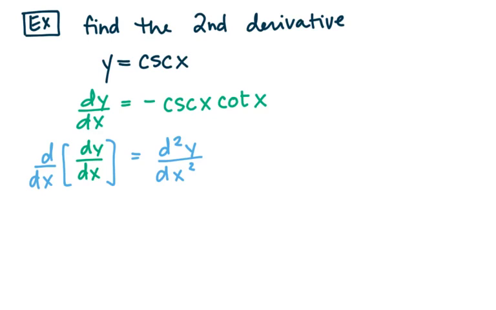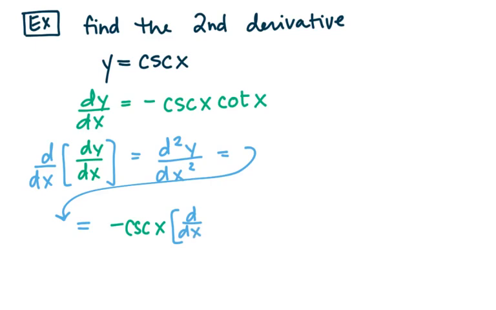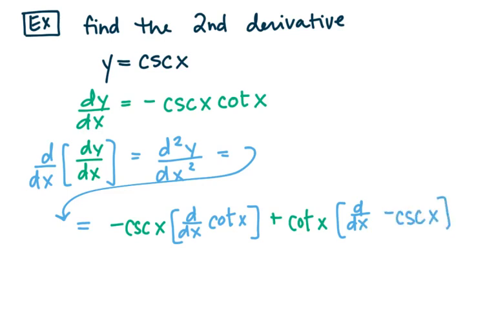Okay, so my second derivative, when I go to find that, I need to use my product rule. First, derivative of the second, second, derivative of the first. So I'm going to work this out just a little below right here. So my first, I have negative cosecant x times the derivative with respect to x of cotangent x plus cotangent x times the derivative with respect to x of negative cosecant x.